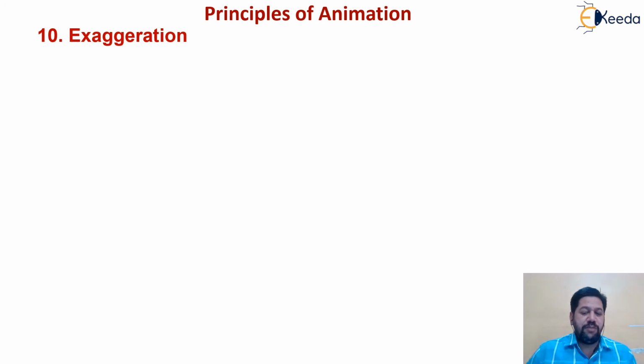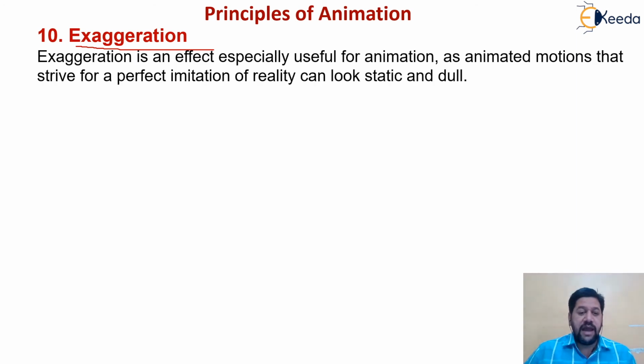My tenth principle of animation is exaggeration. I think this is very important. But I should not stretch things to a very high level; it should not look overly exaggerated. Exaggeration is an effect especially useful for animation, as animated motion that strives for a perfect imitation of reality can look static and dull.